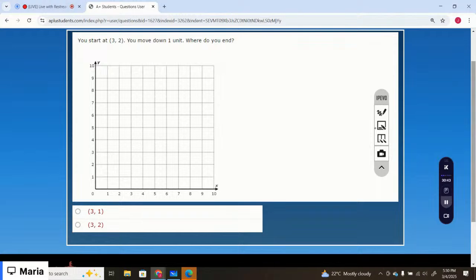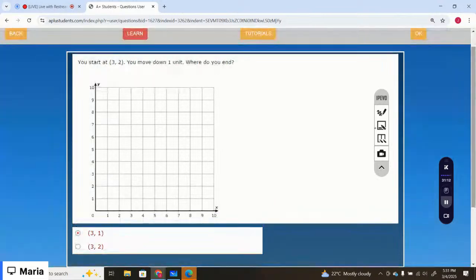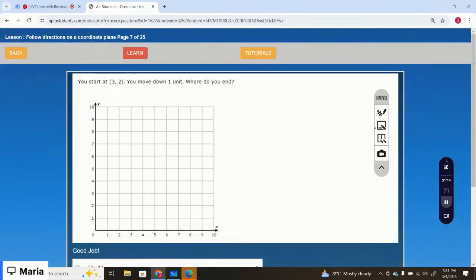You start at 3, 2. You move down 1 unit. Where do you end? That is 3, 1. Option number 1 is the correct option.